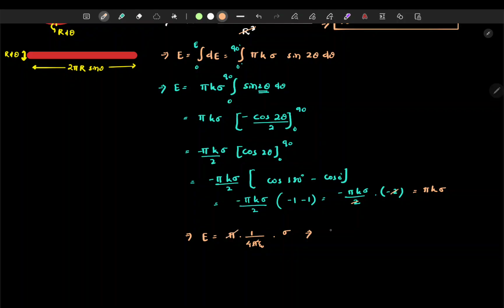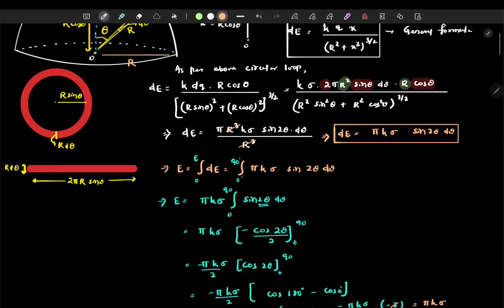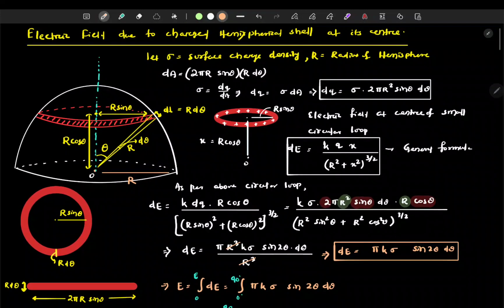So the final answer we can say E value is equal to sigma by 4 epsilon naught. Sigma by 4 epsilon naught is your answer. Okay. So this is the value of electric field due to a charged hemispherical shell at its center.